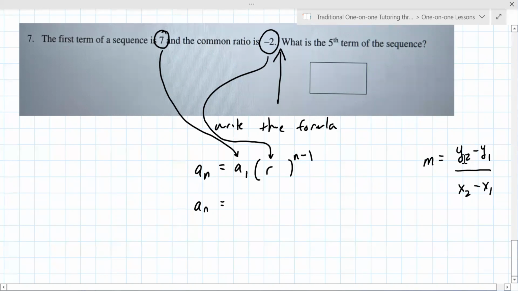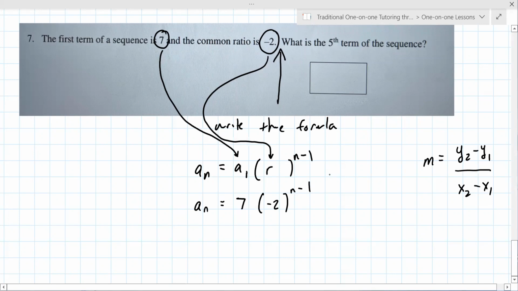It's the same idea. With slope there are 2 ordered pairs, and you have to differentiate between them: which one's the first, which one's the second? The subscripts in this formula work the same way. Try not to get overwhelmed by it. The more you do it, the more you'll get it. So A1 is replaced by 7, and R is -2 in parentheses to the n minus 1 power.